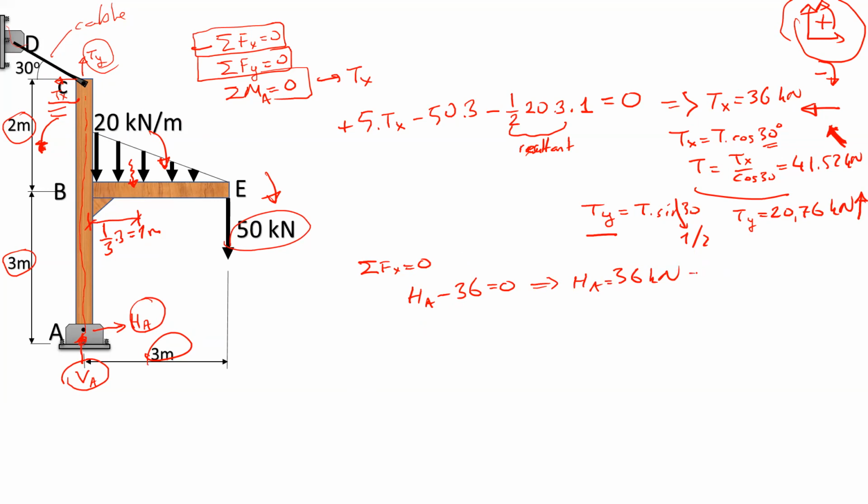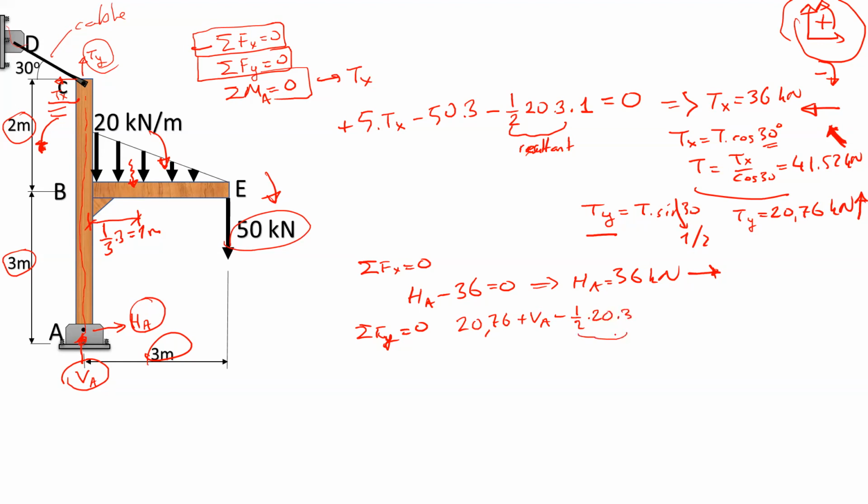Since it's positive, my assumed direction is correct, and sum of the forces in y direction should be equal to 0 as well. And here I have Ty, which is actually equal to 20.76, plus VA, minus 1/2 times 20 times 3 meters.